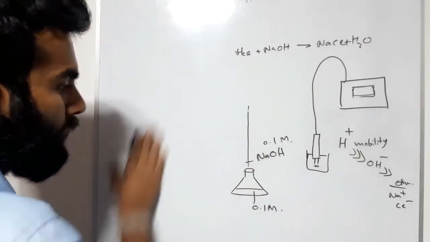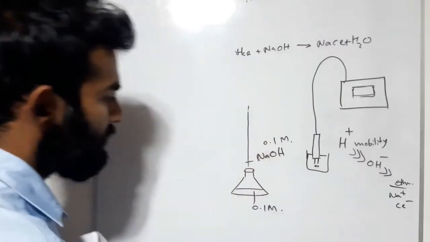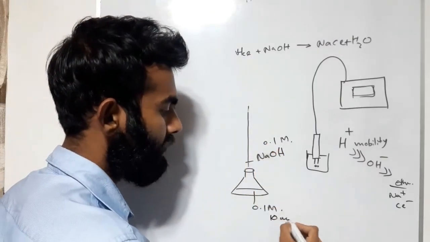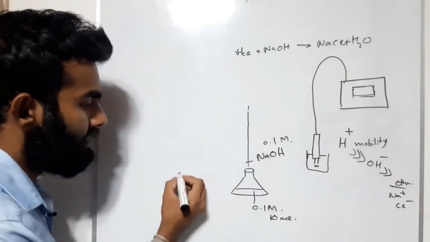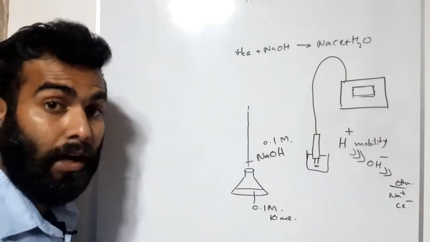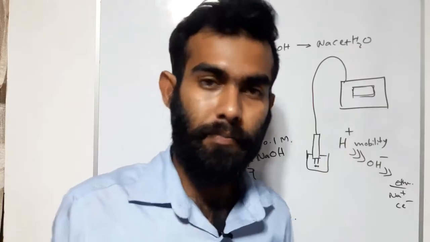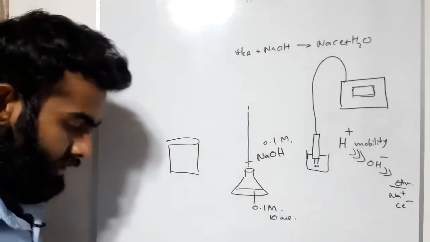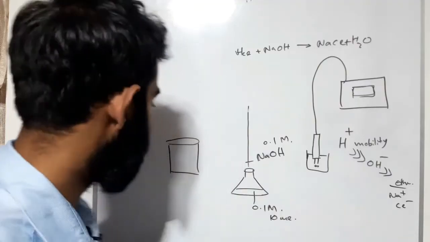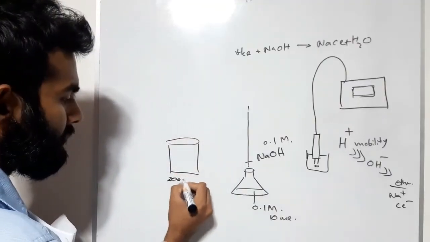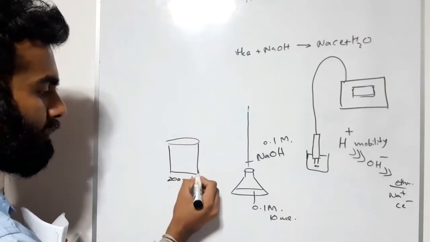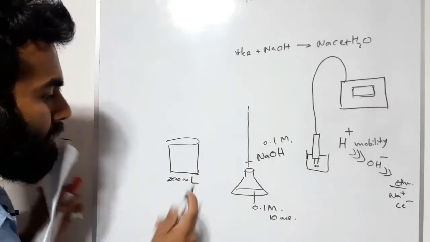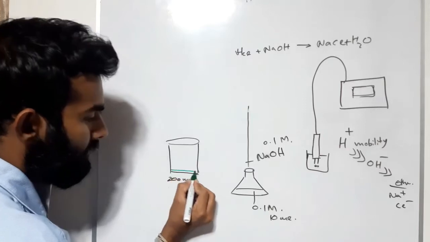Okay. Now what we are going to do: the provided HCl volume is 10 ml. We are going to do this experiment in a beaker. We have provided a 200 ml beaker, so we will place this 10 ml HCl in this beaker.